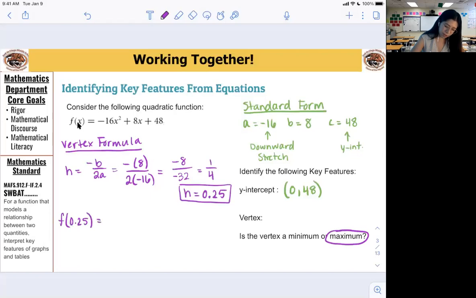I'm going to have you do this part on your own. I'm not going to say anything. Go ahead and, using your calculator, see what you get for k. Plug everything in and make sure you follow PEMDAS.